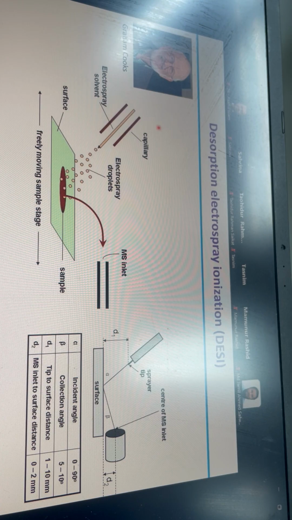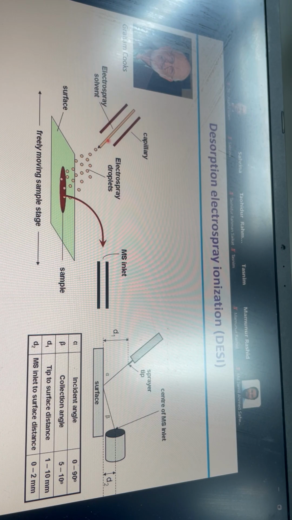So what he did, if you have a blood sample, or a tissue sample, a cancer tissue sample or blood sample, you cannot dissolve your sample in the organic solvent and perform electrospray ionization, because you have tons of things. You can collect the blood spot on a glass slide, and then what he did, instead of dissolving the blood sample, he put the sample on a glass slide, and then he sprayed ionized solvent.